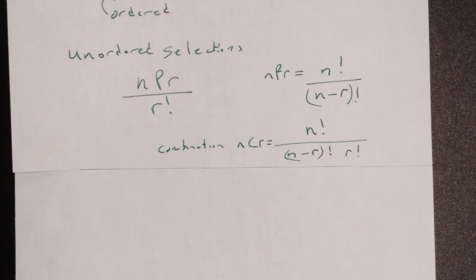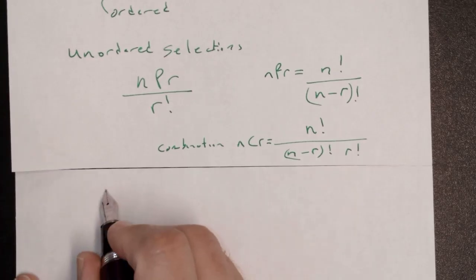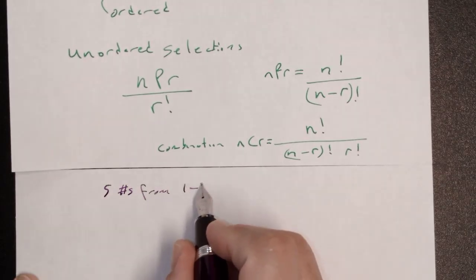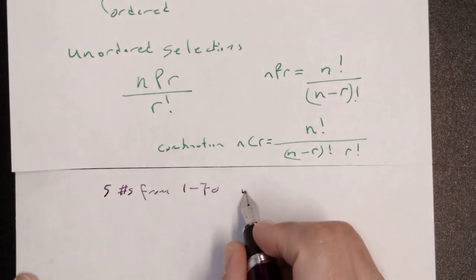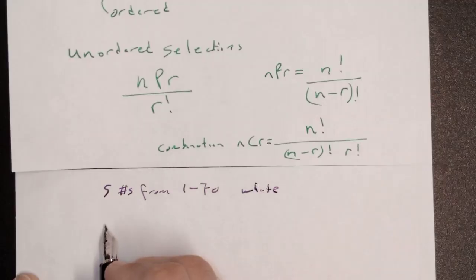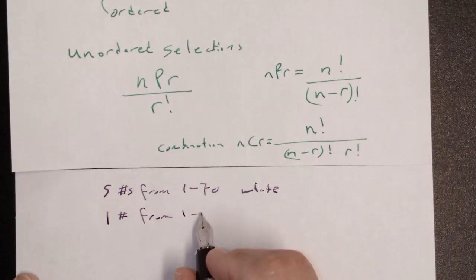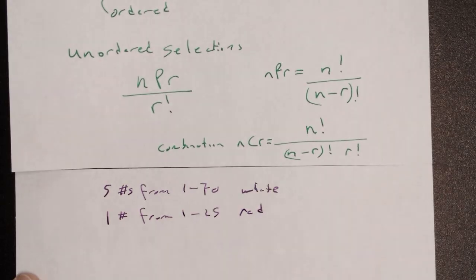I have to go in and fill out a card, right? When I go to fill out the card, I have to pick 5 numbers from 1 to 70, and those are usually white numbers. And then I have to pick 1 from 1 to, I think it's 25, and that's the red number.